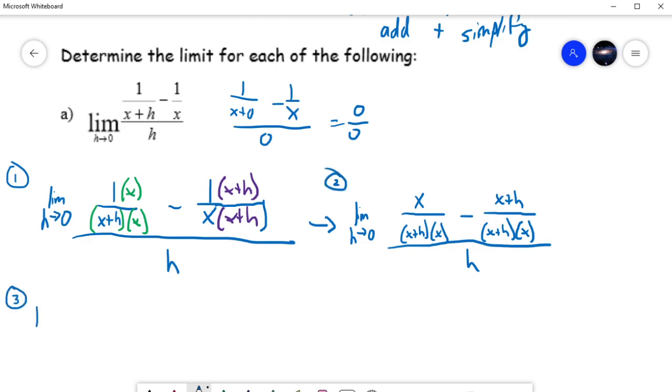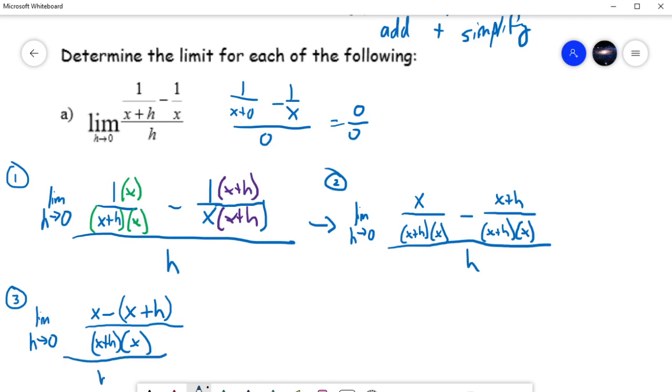Okay, so the limit as h approaches 0. On the top, remember, when you are joining things together with a common denominator, you just join them together. Make sure that h is negative though, right? Because remember, you're subtracting this term x plus h, so that negative will have to distribute.